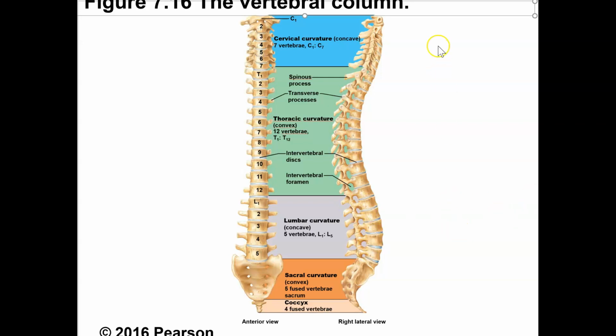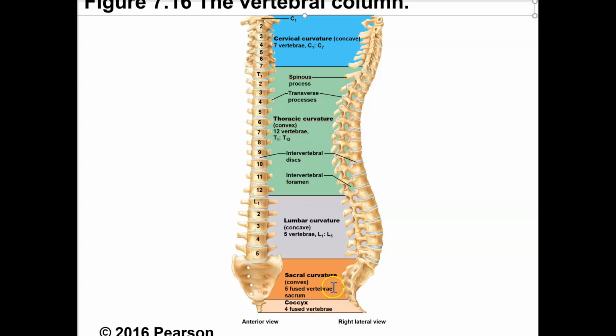So anterior would be over here. And the thoracic curve is kyphotic. As that exaggerates, you can see that in people, especially older women who have osteoporosis, that kyphotic curve starts to become kind of a hunchback or humpback. And then the sacral curve is also a kyphotic curve as well.